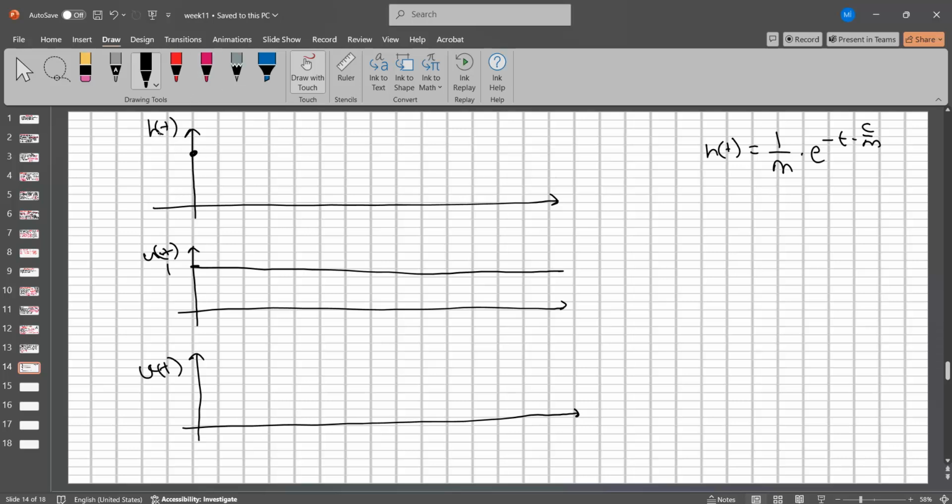What are the initial values of the h(t)? 1 over m, and then it goes down just like this one, right? Okay, and so if we convolve this equation, we should iterate over the whole u(t) values just like this one.